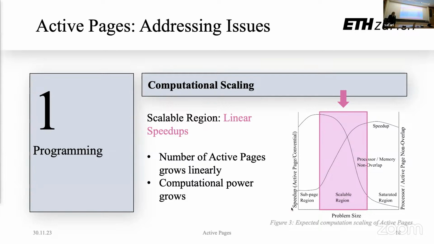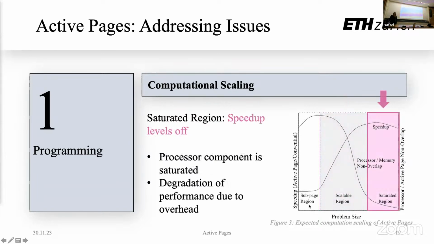The next region is the saturated region, which is characterized by the non-overlap time becoming almost zero, as you can see here. This means that the processor is running at peak speed, which is great, but the number of active pages increases with data size, but the number of processors in the system won't.